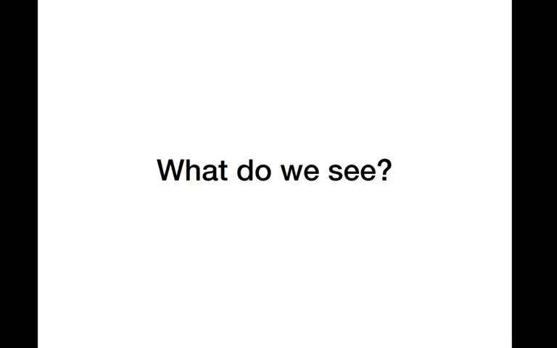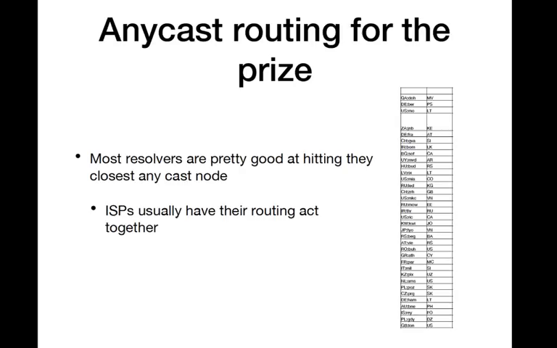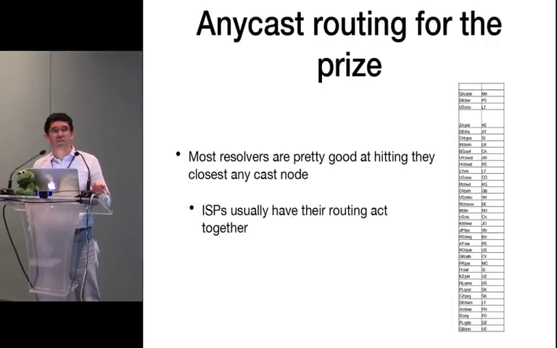So what do we see after all these things? Amazingly, Anycast routing is better than I ever expected from having heard previous presentations, at least for K-Root. Their mapping of which resolvers get to use the closest Anycast node is amazingly good.